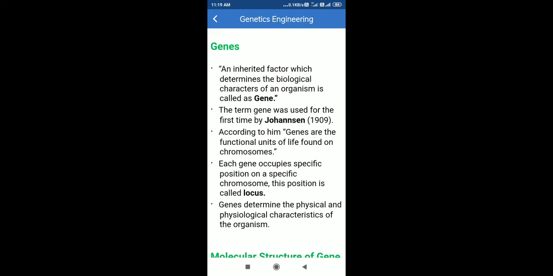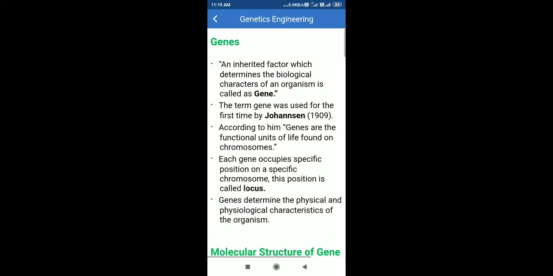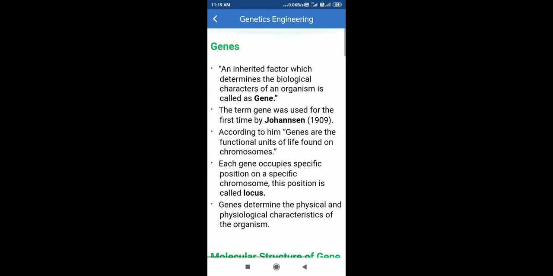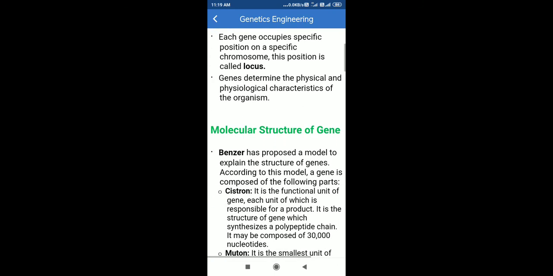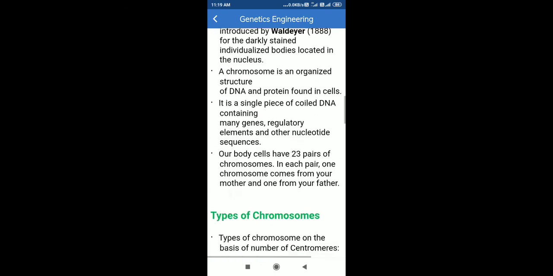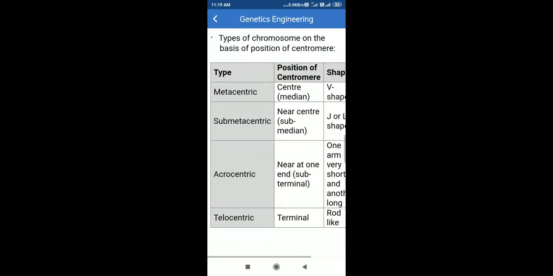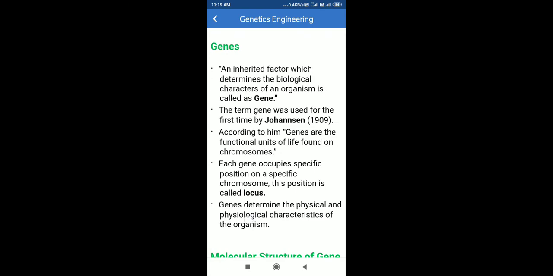A strand means a two-sided line with straight interlinks between them. It's like two parallel lines and perpendicular lines connecting each of them. I don't have a map of this, but I'll show you how it looks. So that is called a gene.